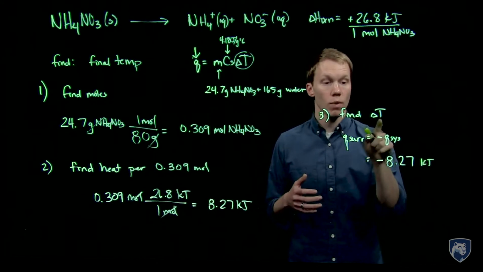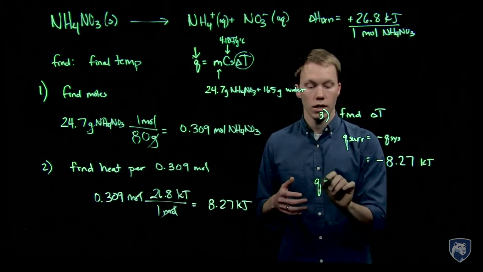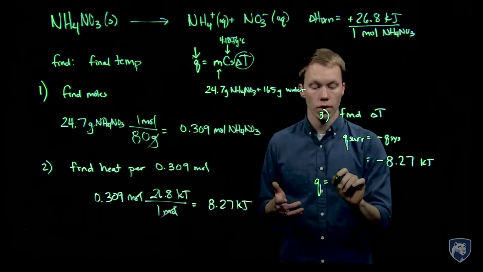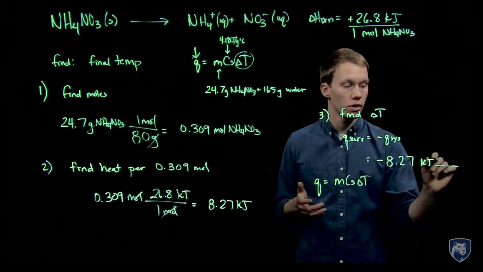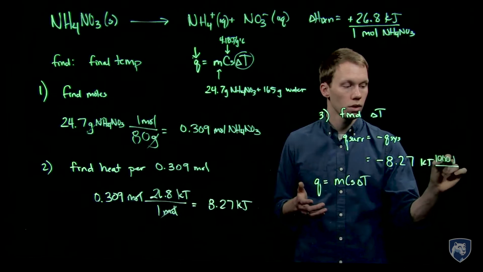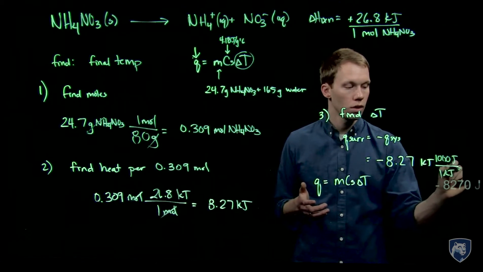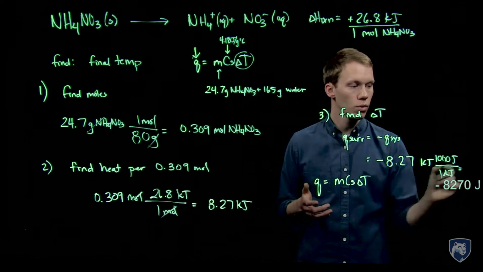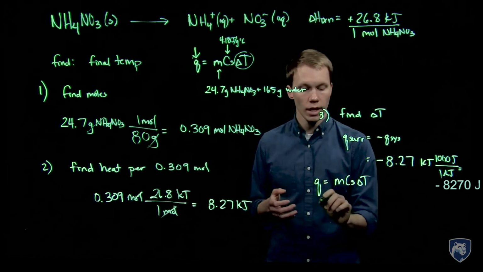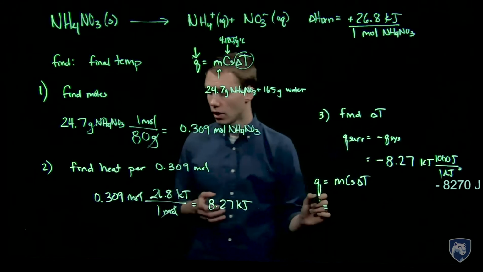My units for Cs are in joules per gram degree Celsius, so I'm going to convert this to joules. So it's 8,270 joules. And we'll plug in here and solve.